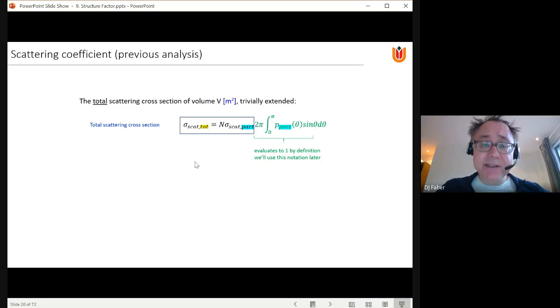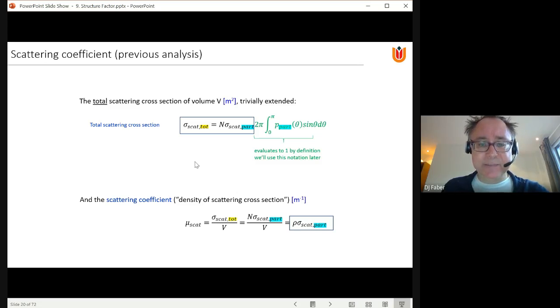The phase function by definition was a joint probability density function for scattering into angles. So that means that written this way, this has to evaluate to 1. That's the reason it is a little bit of a trivial extension, because you just multiply the right-hand side with 1. But this is a useful notation for later, so that's why I have it here.